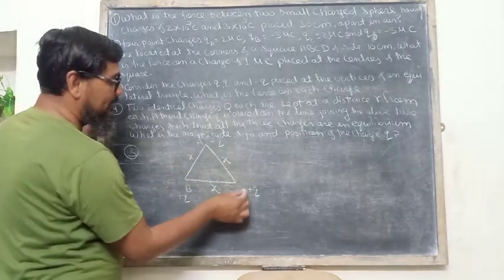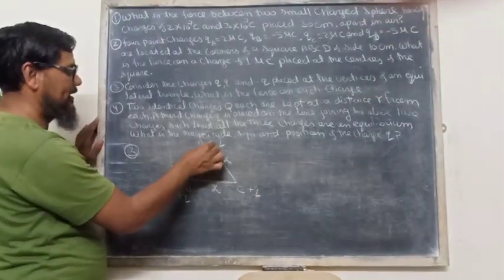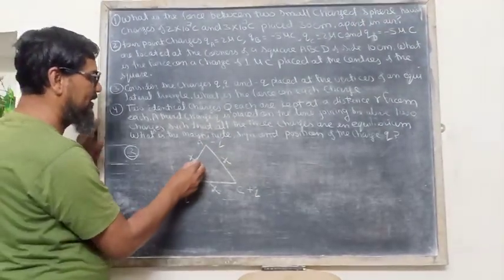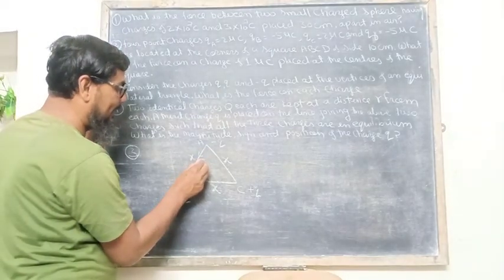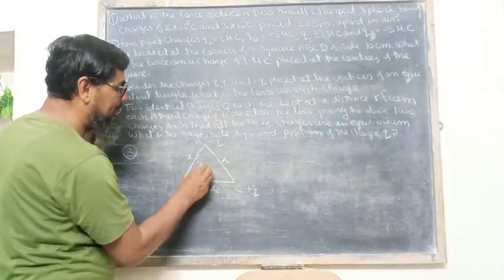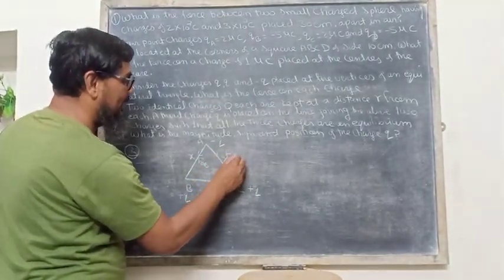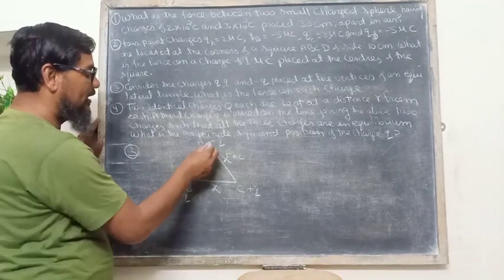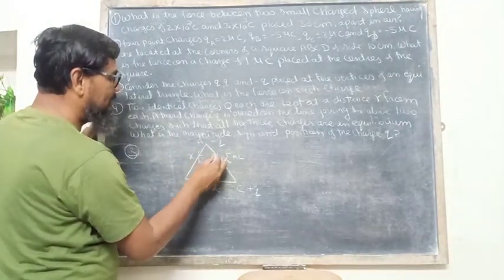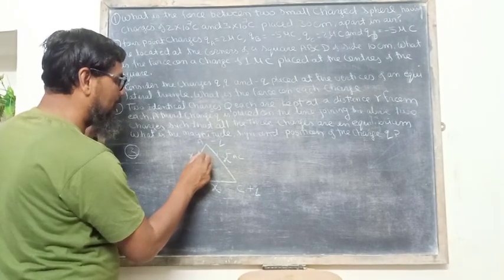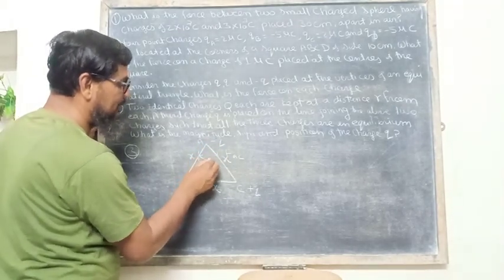At point A, this negative charge is attracted by this charge and this negative charge is attracted by this charge. So the forces FAB and FAC are along this direction. And then the resultant will be along this by the parallelogram law of vector addition.